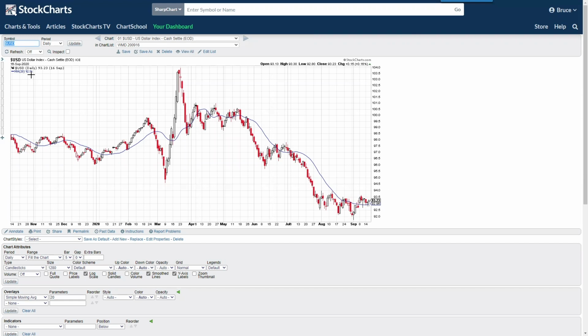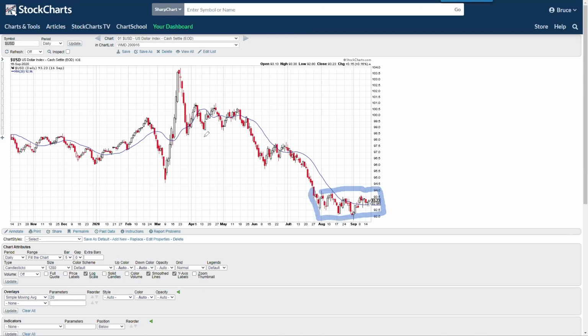Here we're looking at the US dollar index, $USD, which is a cash settled end of day data. And what I believe that you are seeing here, let me put on the annotation tools, is what looks to be a beautiful potential accumulation structure.